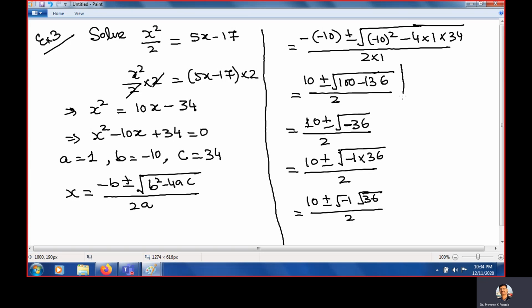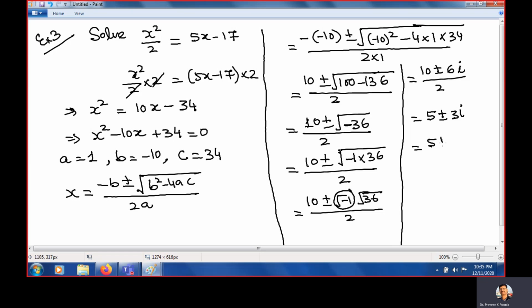So how will we get 10 plus minus square root 36 is 6, and this square root minus 1, I told you, is denoted by iota, i, upon 2. If you will divide by 2, 10 divided by 2 is 5 plus minus 6 divided by 2 is 3 iota.